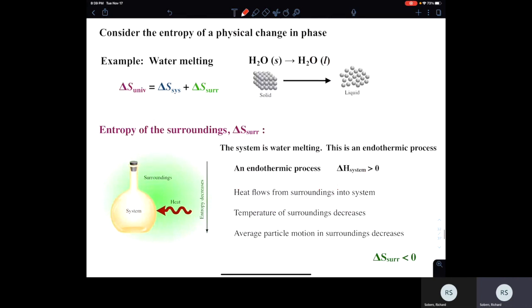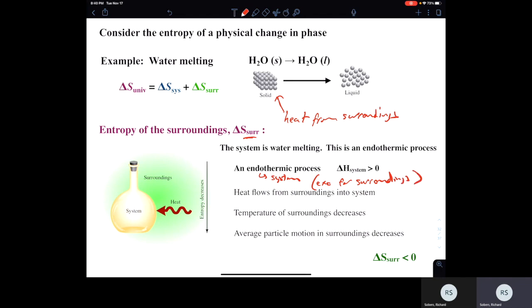Now consider the surroundings for a second. If we have melting, heat from surroundings enters the solid in order to cause the melting to occur. So this is an endothermic process for the system, exothermic for the surroundings.